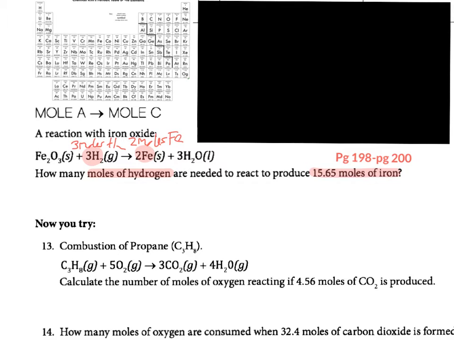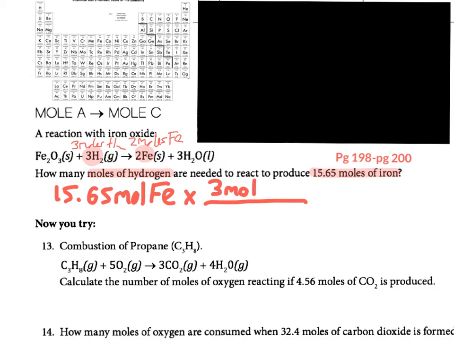So to set this up, I'm going to start with my 15.65 moles of Fe. That's given. And then I'm going to multiply that by the balanced equation relationship. And I'm going to multiply that by 3 moles of H2 over 2 moles of Fe.